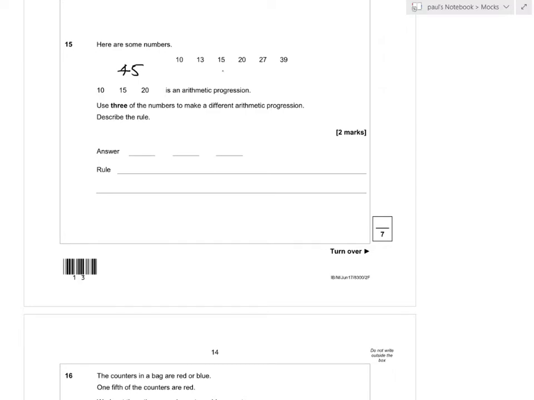What could we use? We could use 13, add 7 will make 20, and add another 7 will make 27. So the rule is add 7.